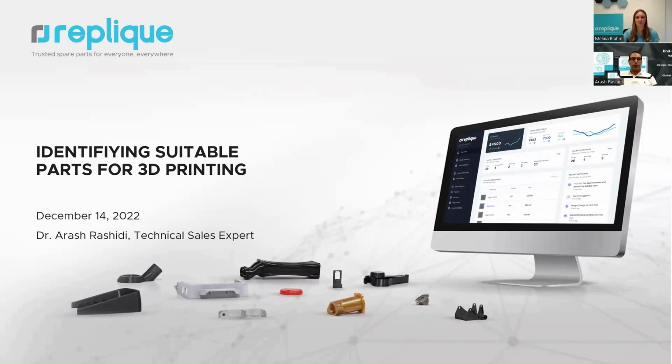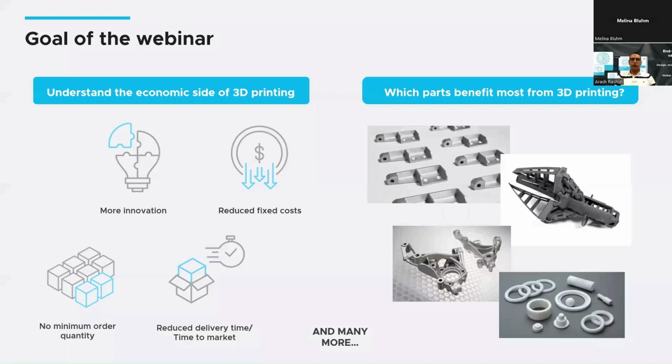Welcome to our webinar. I will talk in the next half an hour about identifying suitable parts for 3D printing. Just some words on the goal of this webinar. What do we want to achieve at the end of the day? I will talk a little bit about the economic side of 3D printing to understand it better.